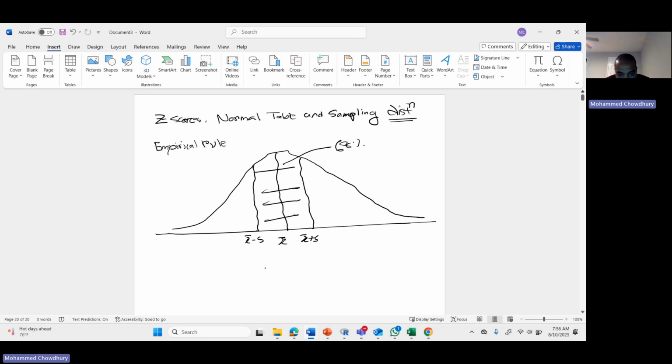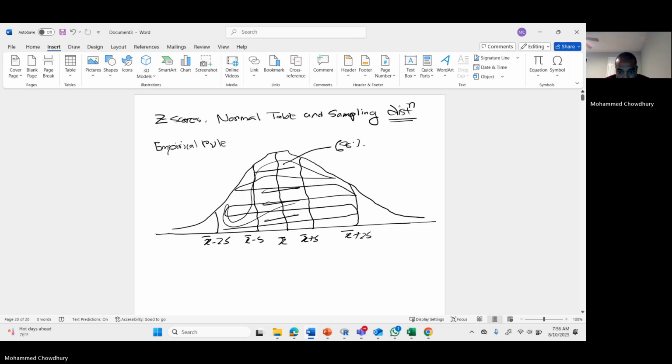And within two standard deviations, x bar minus twice s and x bar plus twice s, 95% of the data falls. So in this case, 95% of the frequency falls.